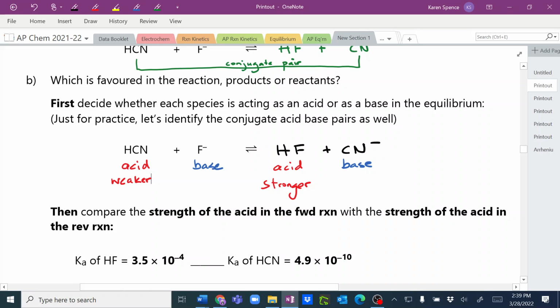Without going back to the table, can you tell me which is the stronger of the two bases? CN, because the stronger the conjugate acid, the weaker the conjugate base, and vice versa. So the weaker acid has the stronger conjugate base.